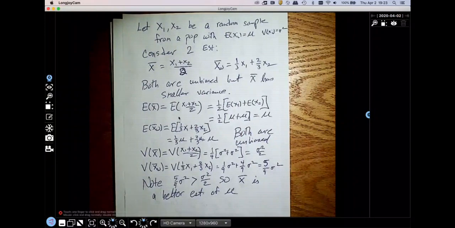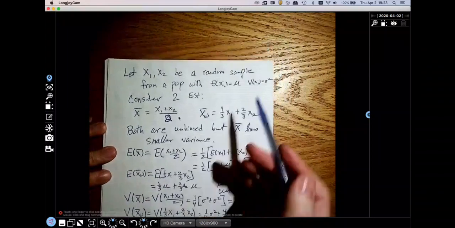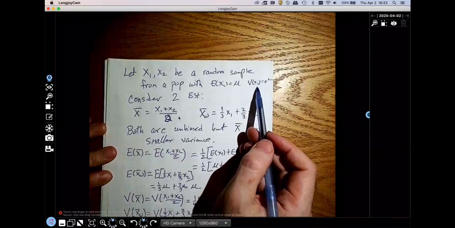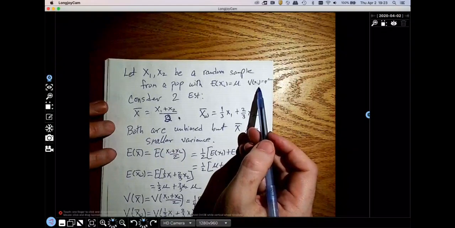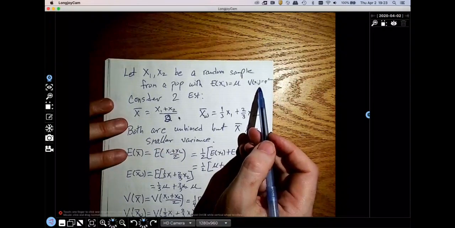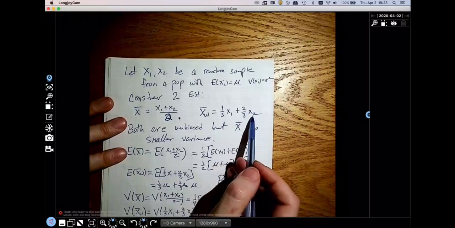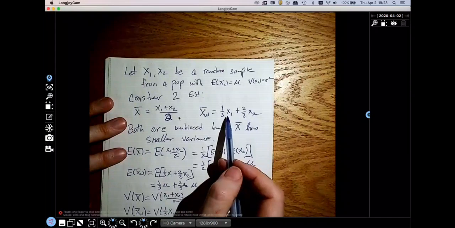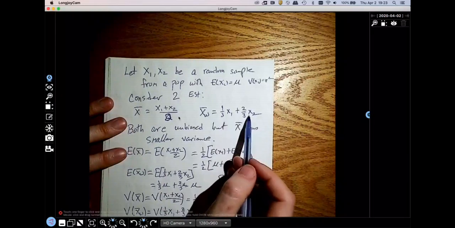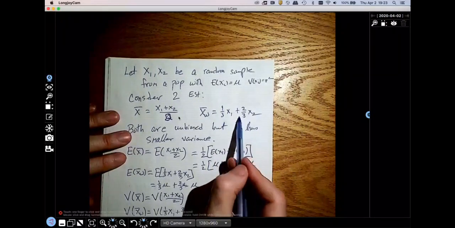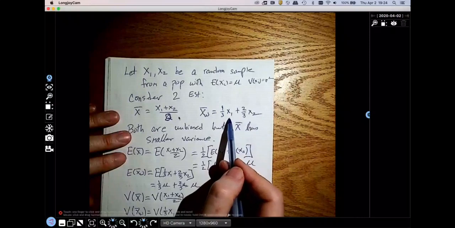Now, I'm going to give you a similar problem in homework, but what I'm going to do is change it so that the observations have different variance. And so what you'll see is if the variance of x2 is in fact smaller than the variance of x1, then it would make sense to give more weight to the more reliable case than to the less reliable case.